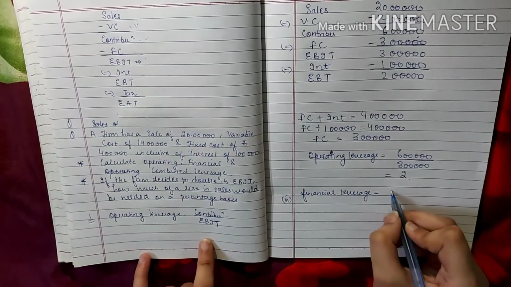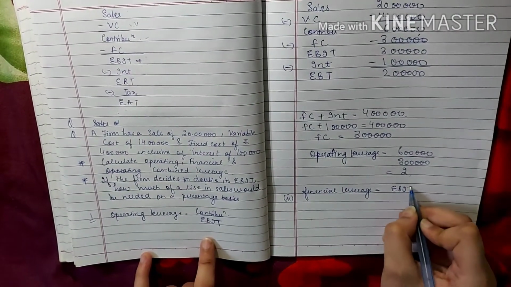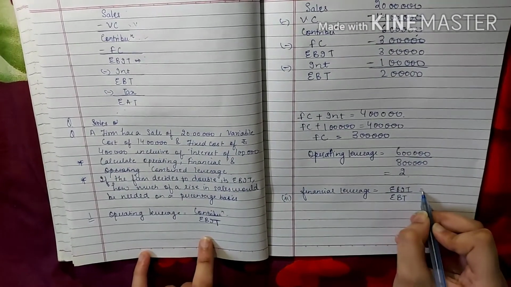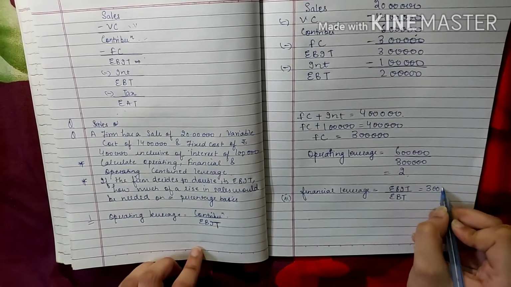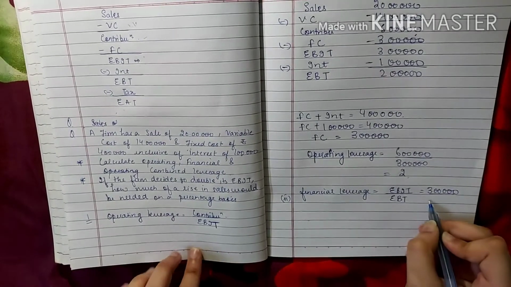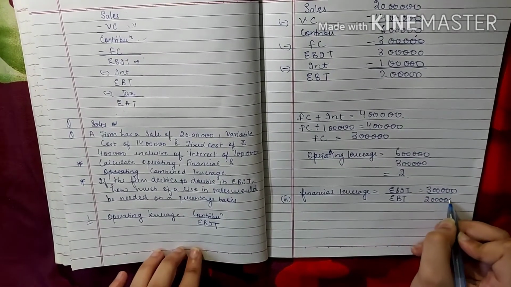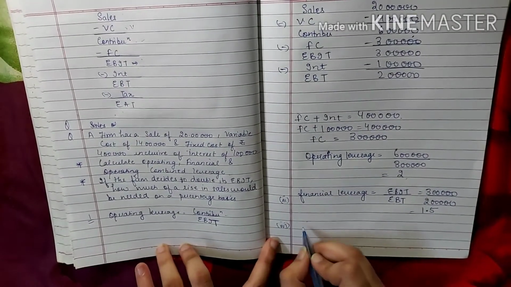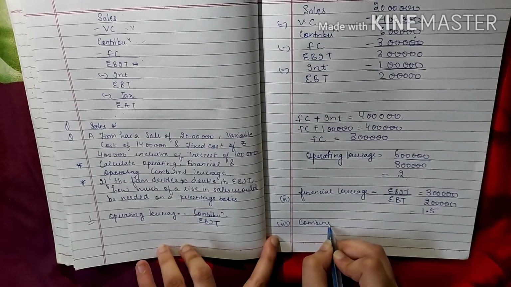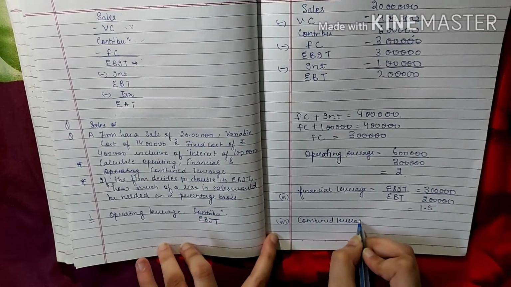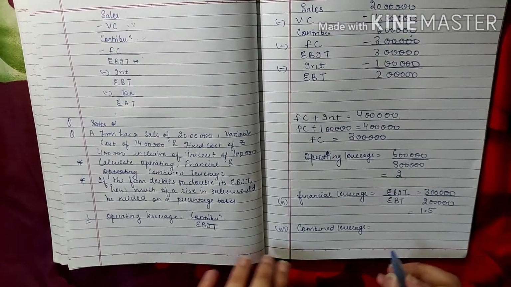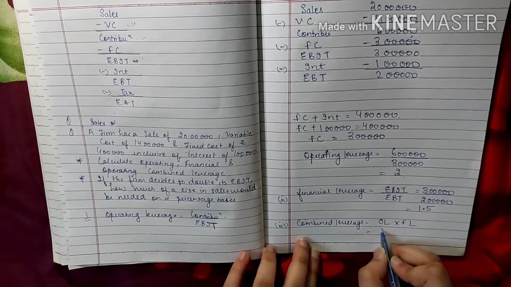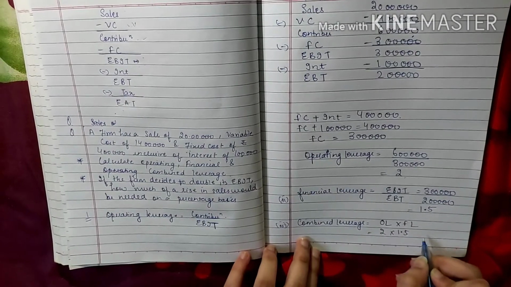So the formula for it is EBIT upon EBT. EBIT is 3 lakh and EBT is 2 lakh. Solving it, you will get 1.5. Now combined leverage. As we know, combined leverage is the product of operating leverage and financial leverage. So 2 into 1.5, 3.